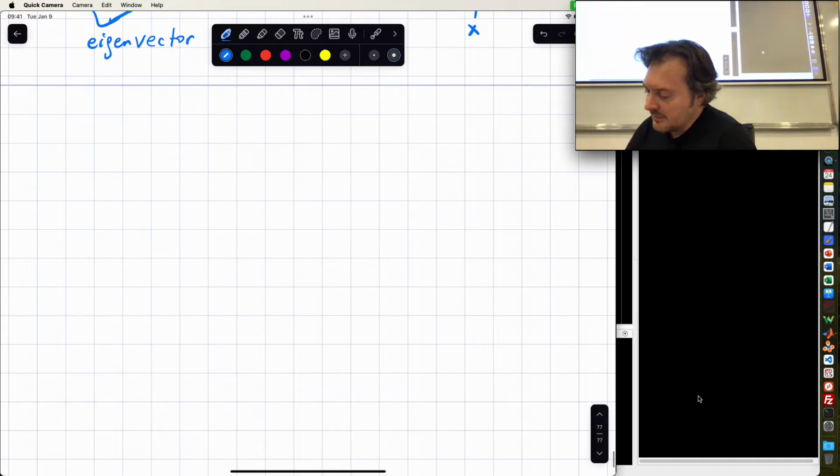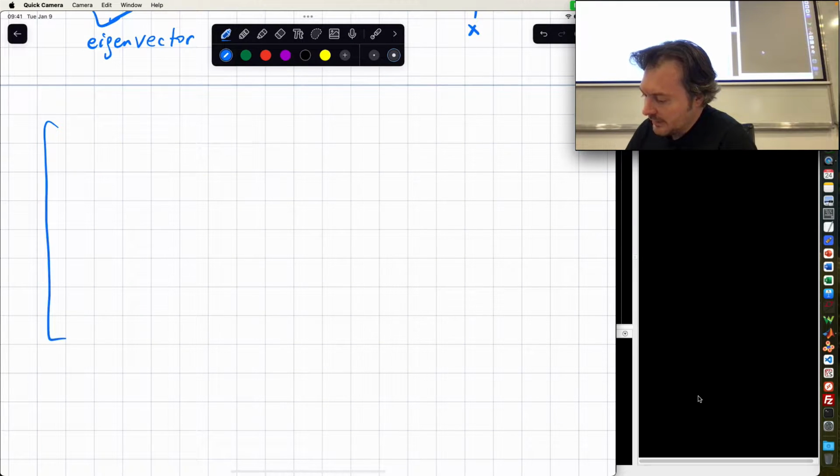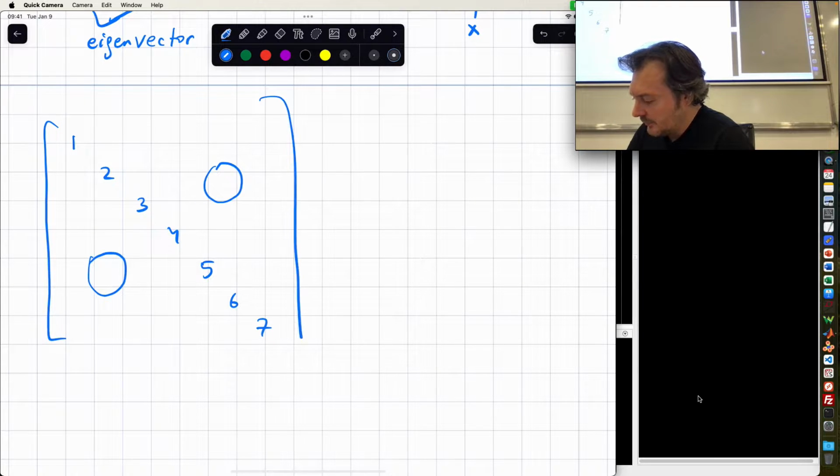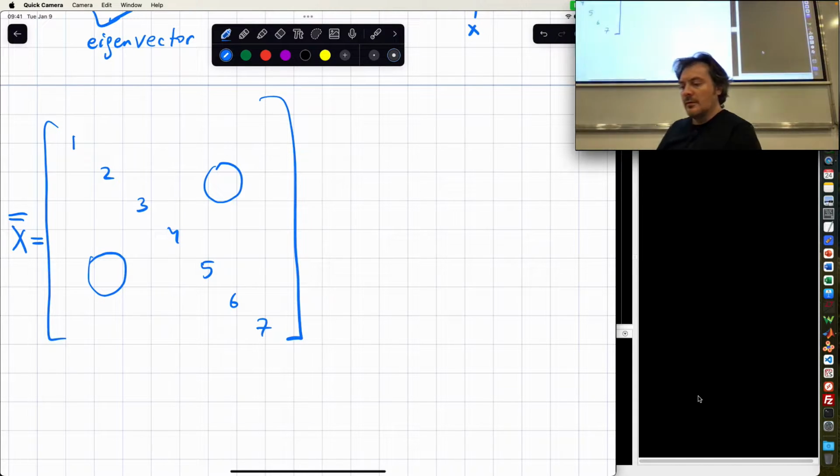So your matrix looks like this: 1, 2, 3, 4, 5, 6, 7, etc. and these are all zeros, and this is your X matrix. Okay? This is the matrix that represents position.